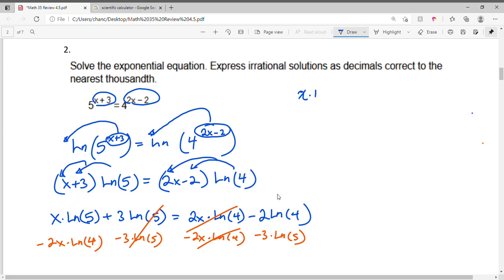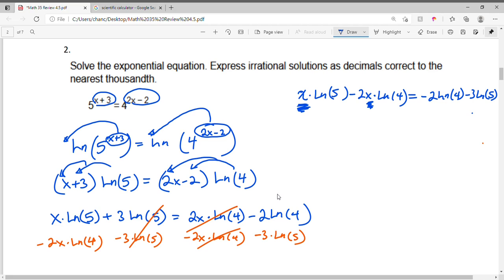x times the natural log of 5 minus 2x times the natural log of 4, and that's equal to -2 natural log of 4 minus 3 natural log of 5. Now I can factor out the x's. Notice we have these two x's.